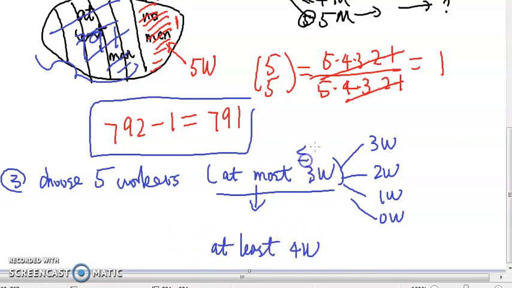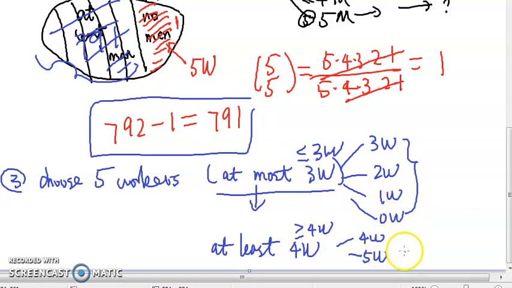This at most means less than or equal to 3 women, but the opposite would be greater than or equal to 4 women. So that gives us either 4 women or 5 women. So if you do it directly, you're going to have to do 4 cases. But if I do the opposite, I have 2 cases. So it's easier to do the opposite and subtract from the total of 792. Okay, so I'm going to choose to do the opposite first.